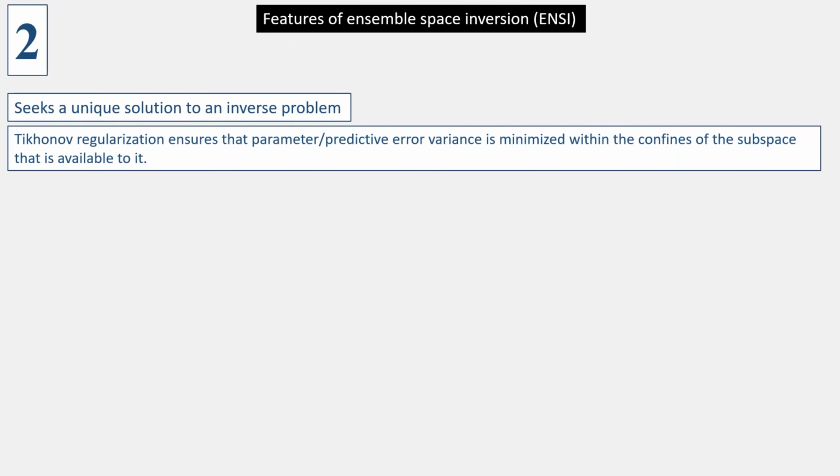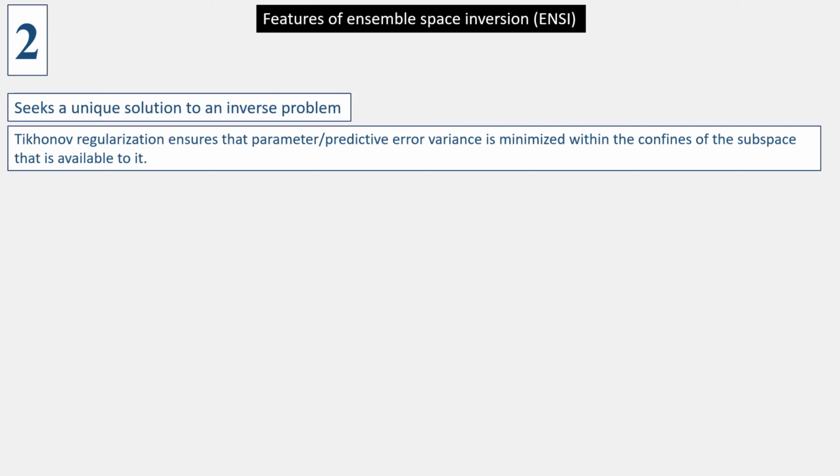The second defining feature of ensemble space inversion is that it seeks a unique solution to the inverse problem. Unlike IES, it does not attempt to sample the posterior parameter probability distribution. In contrast, it uses Tikhonov regularization to try to ensure that we obtain a unique parameter field that has the properties that we desire from uniqueness.